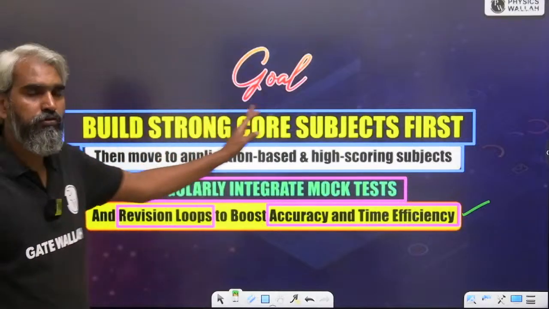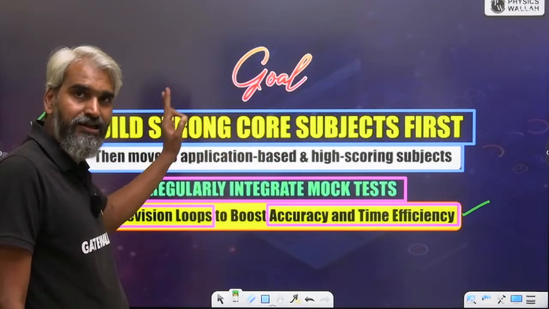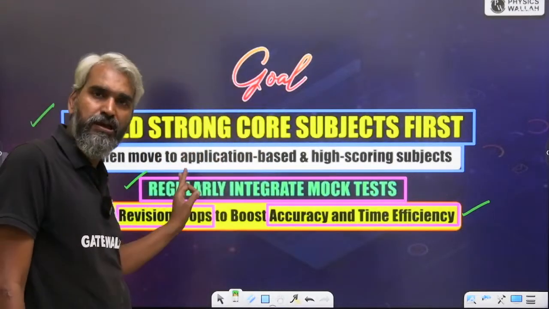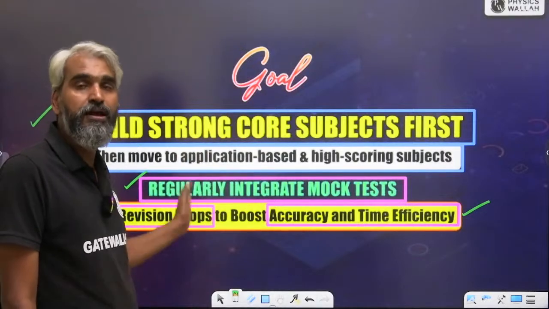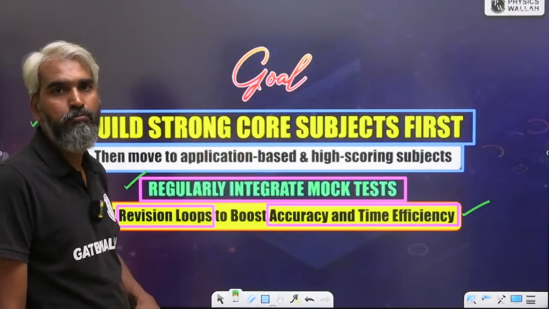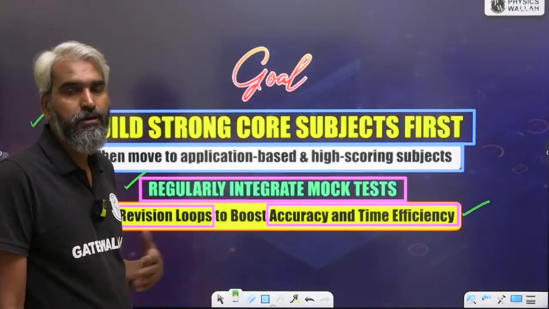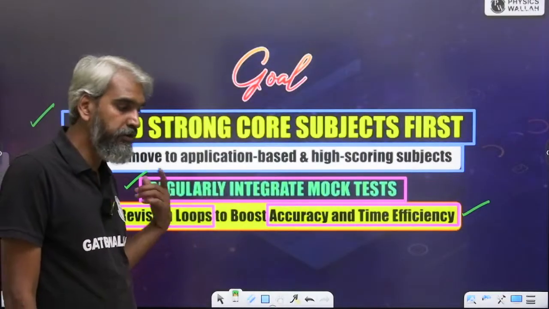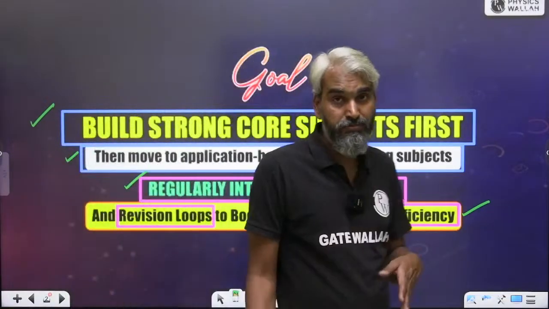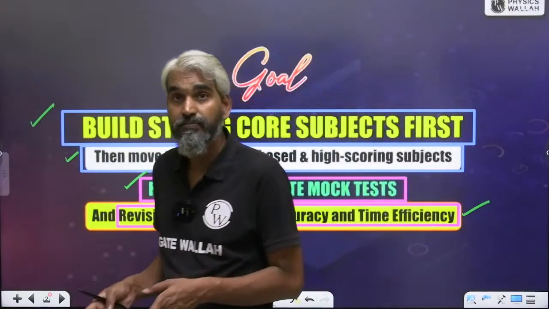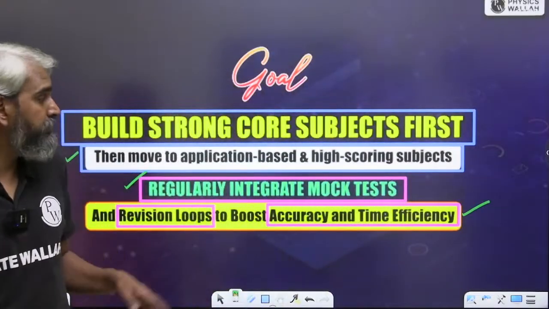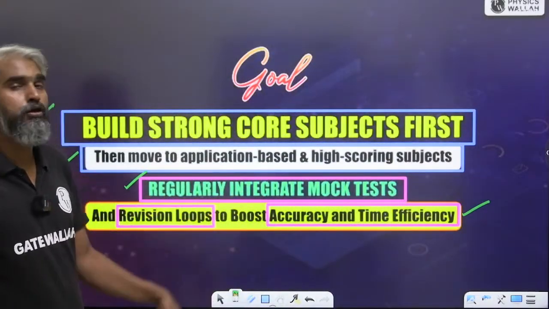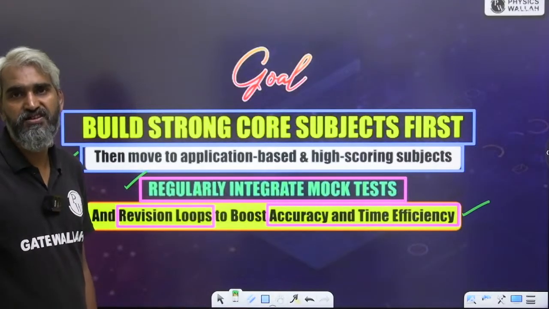So first of all, focus on the core subjects, then the high scoring subjects, then the application based subject, then integrate your mock test along with your regular preparation, and revision loop is required that within 1 month, every subject that has been completed must be revised, and then while attempting the mock test, focus on accuracy and time efficiency.